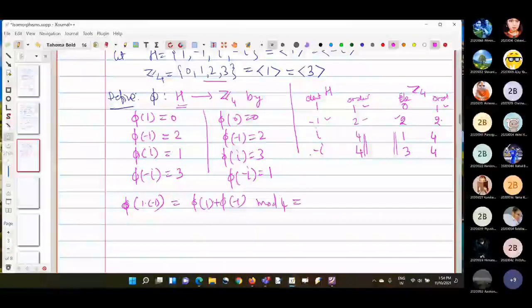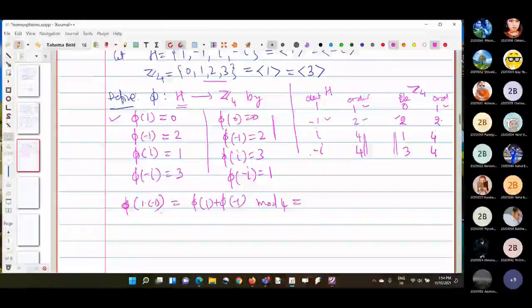So phi of 1 is what? 0. I'm considering this one. Of course, in this case, because these two are fixed, this is applicable for both functions.